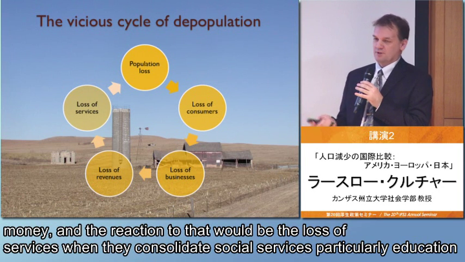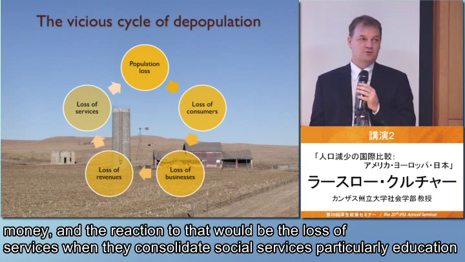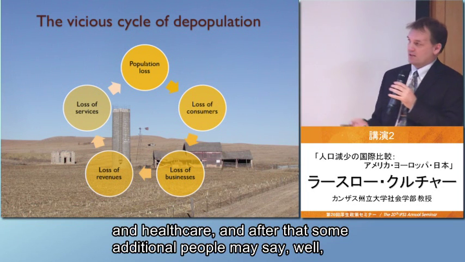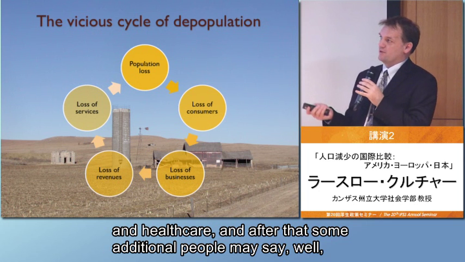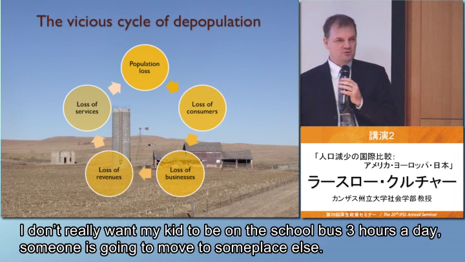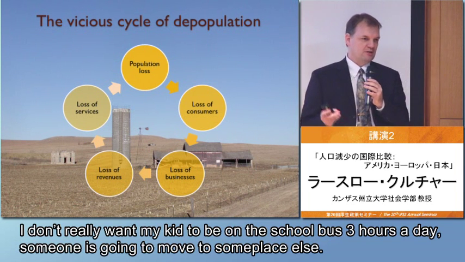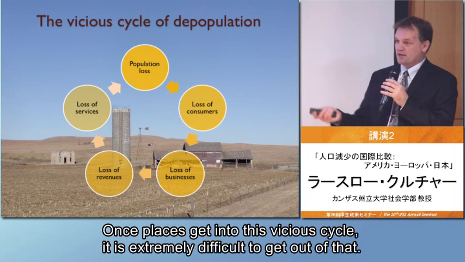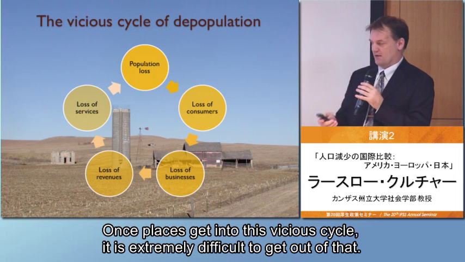The reaction to that would be the loss of services when they consolidate social services, particularly education and healthcare. And after that, some additional people may say, well, I don't want my kid to be on the school bus for 3 hours a day, so I'm just going to move someplace else. Once places get into this vicious cycle, it is extremely difficult to get out of it.